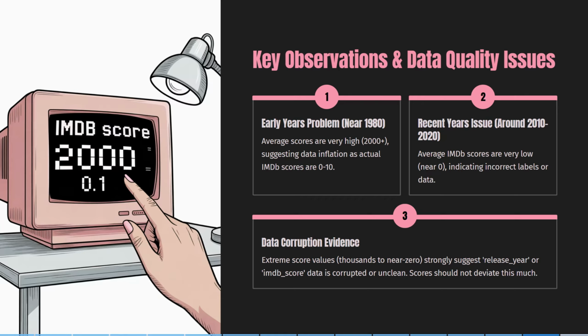A note about the data: this plot shows extreme values, which strongly suggests that the release year or IMDb score data is corrupted or not properly cleaned. The score shouldn't be as high as the thousands or as low as near 0 unless there are data formatting or processing issues. What can we learn?